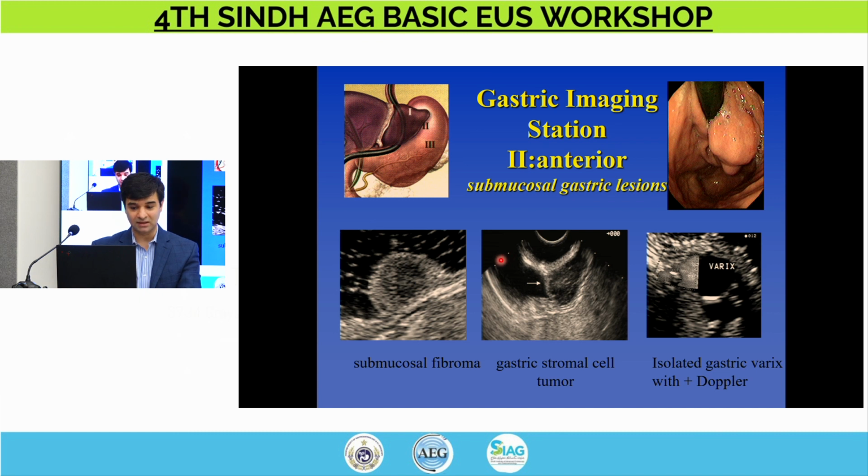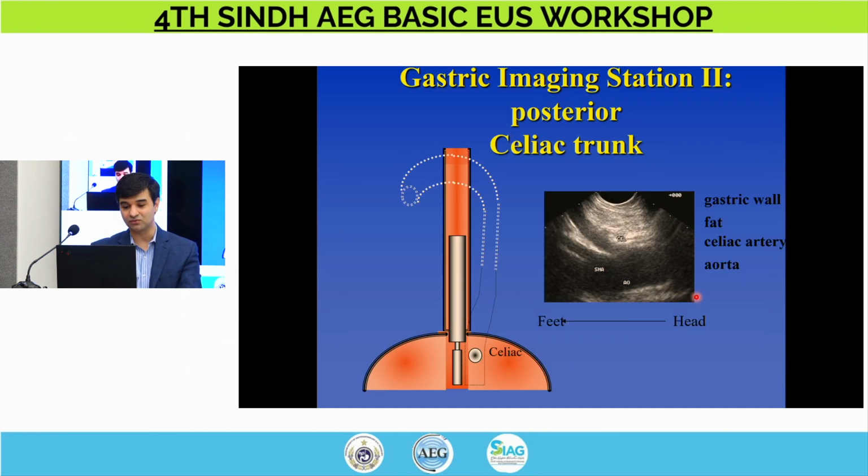But bear in mind that bulge can mean a subepithelial benign appearing lesion like a submucosal fibroma, it can mean something more sinister or malignant, or it can mean a varix. And so EUS is a fantastic test to tell the difference.